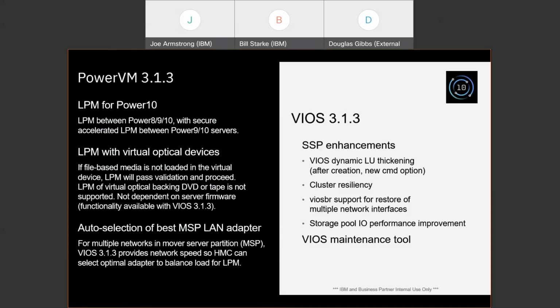PowerVM 3.1.3 also provides a new maintenance tool for guided patching and support for the virtual I/O operating systems. So there are some benefits to VIOS 3.1.3, and this is what's required for Power10.